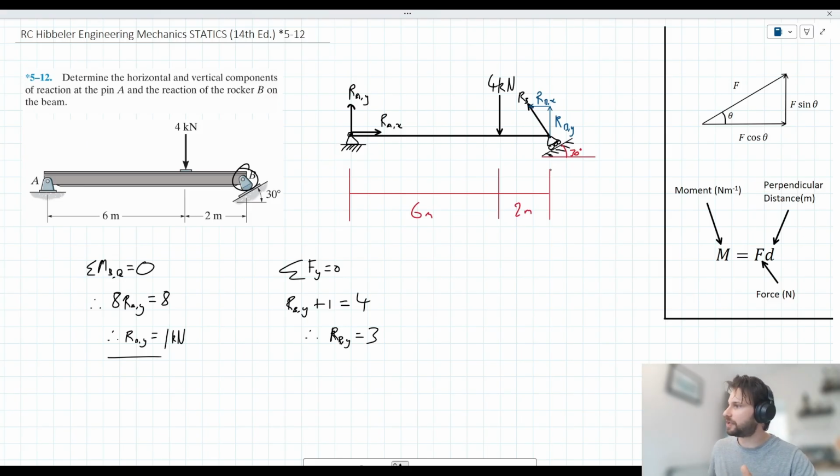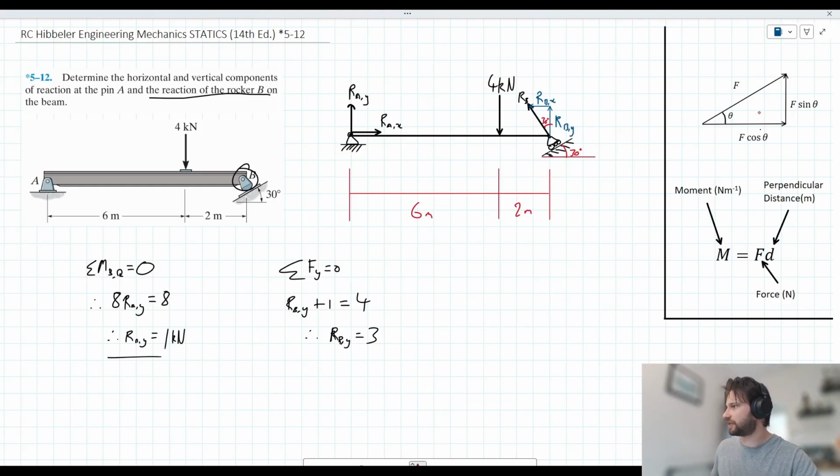Now, RB, Y, I would note that we're only looking for the reaction of the rocker at B. So we're looking for RB, right? If we wanted to express RB, Y in terms of RB, we could express that as RB cos 30, right? We note that we have a 30-degree angle here.